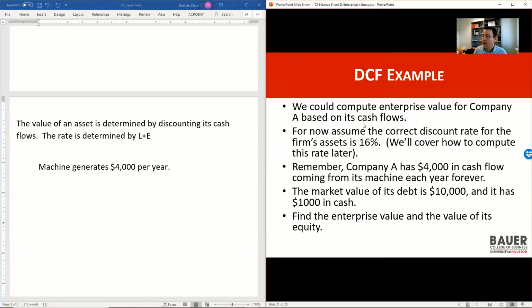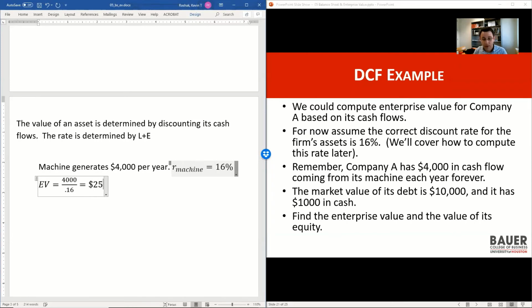Okay. So for now, let's just assume that the discount rate is 16% for the asset. We're going to come back to that and figure out how exactly we got that. But for now, let's just say the discount rate on the machine is 16%. Well, if the cash flows are a perpetuity, you're getting $4,000 per year forever, then we can figure out the enterprise value of the company as the $4,000 divided by the 16%.